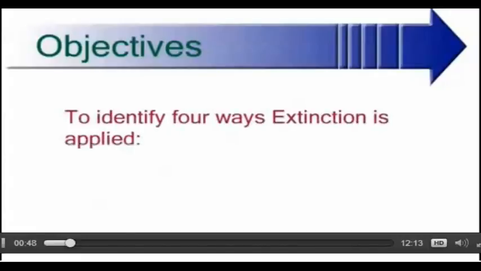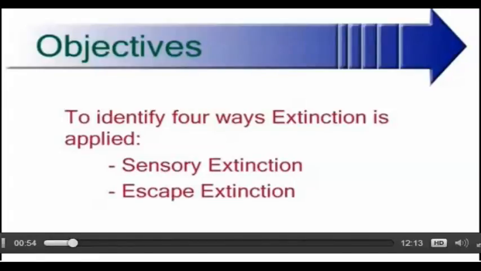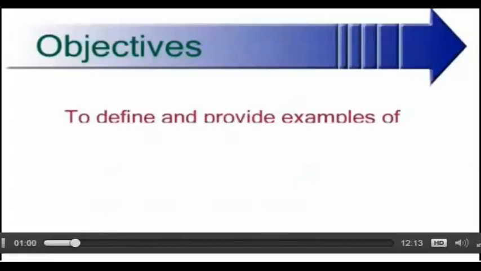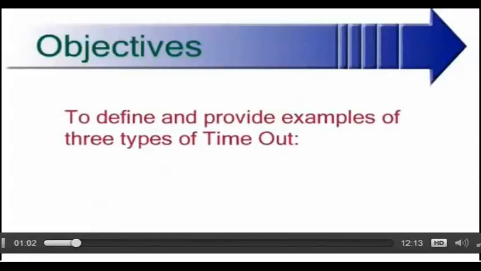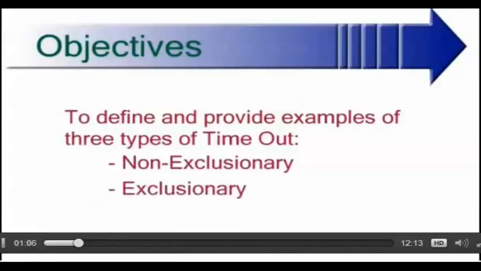To identify 4 ways extinction is applied: sensory extinction, escape extinction, planned ignoring, and response blocking. And to define and provide examples of 3 types of timeout: non-exclusionary, exclusionary, and seclusionary.